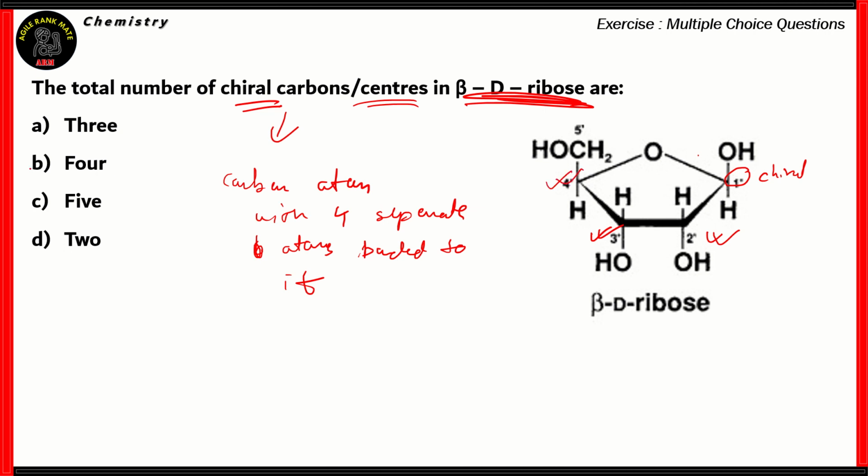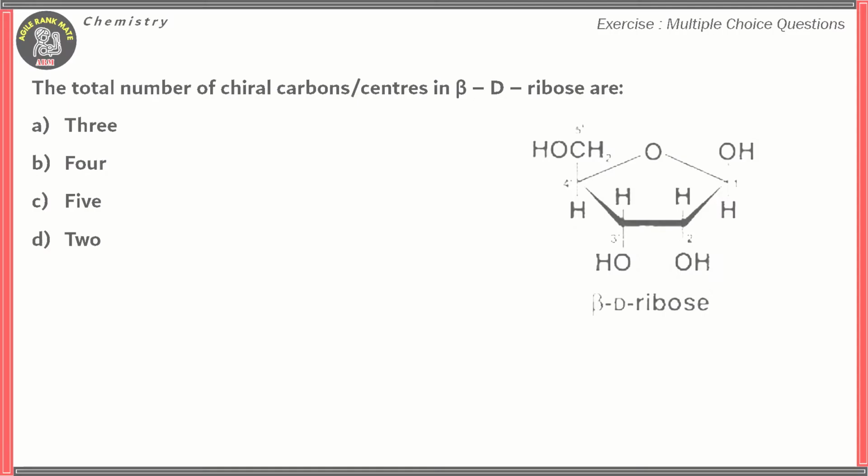So therefore, the correct answer is option B, 4. There are 4 chiral carbons in beta-D ribose. Option A, 3, option C, 5, and option D, 2 are incorrect, because that's not the right number of chiral carbons. There are 4 chiral carbons or centers in beta-D ribose.